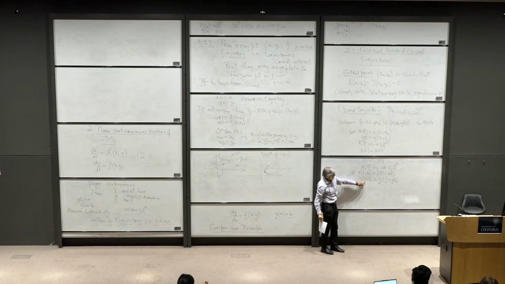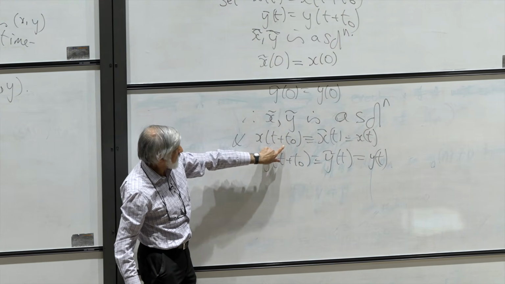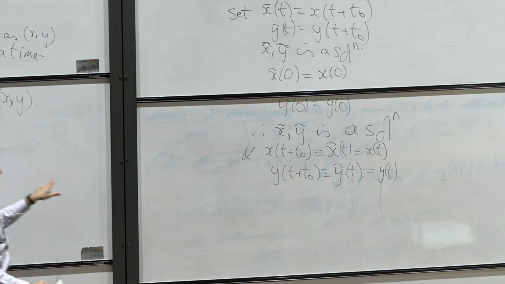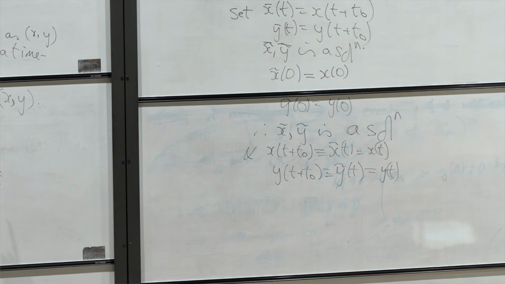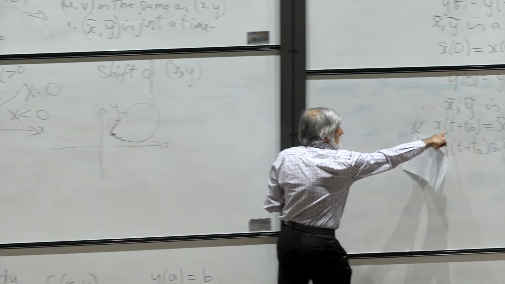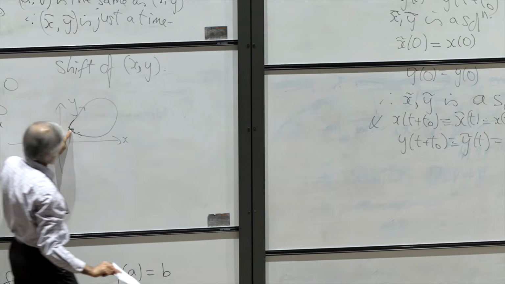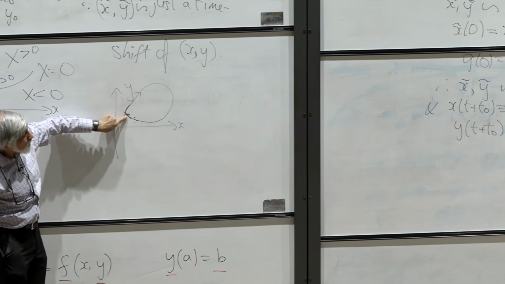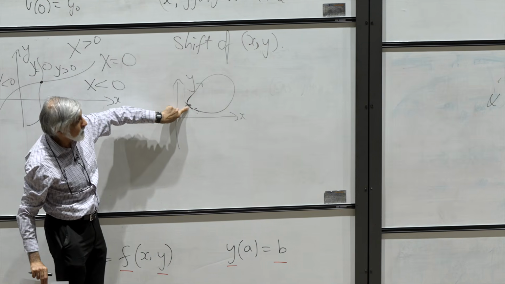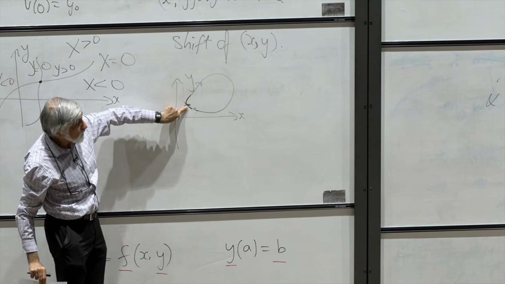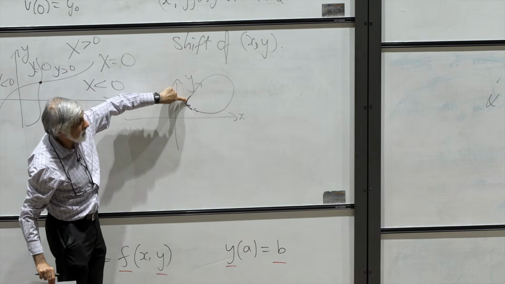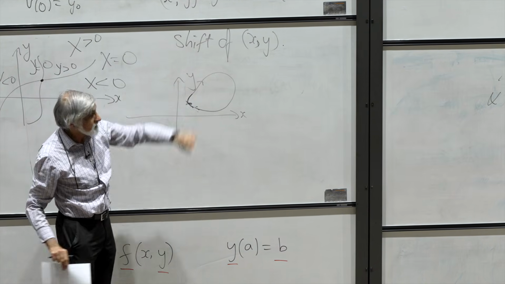I must continue, okay? Because x at t naught, when here, I will have got to here, and then as t goes past t naught, what's x of t plus t naught? Well, it's x of t. So it's that one there, and then I keep going round, okay?